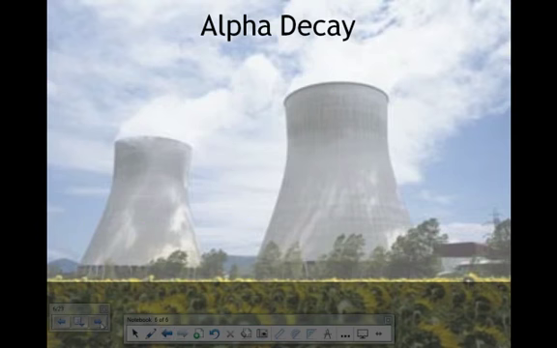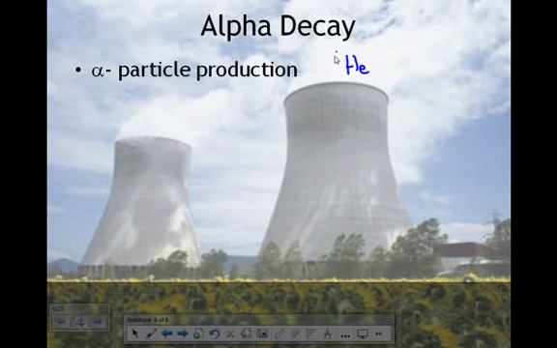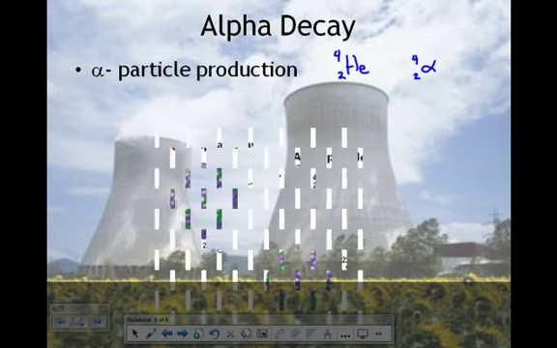Clear this away. There's also a process called alpha decay, where an alpha particle is produced. Remember, an alpha particle can be written as a helium nucleus, so that's our 4 atomic mass and 2 atomic number, or it could be written as the alpha sign with a 4 and a 2. Either way, it's the same thing, basically.